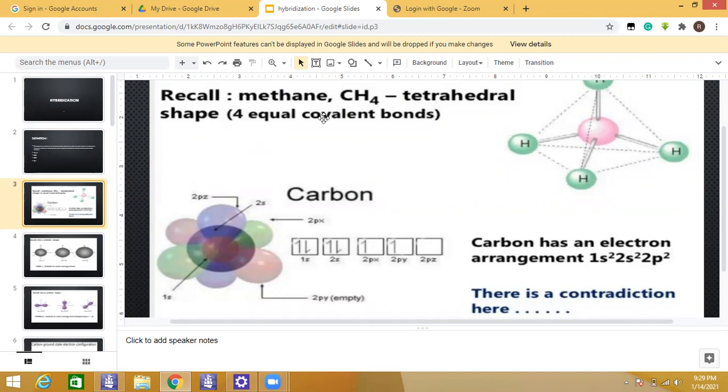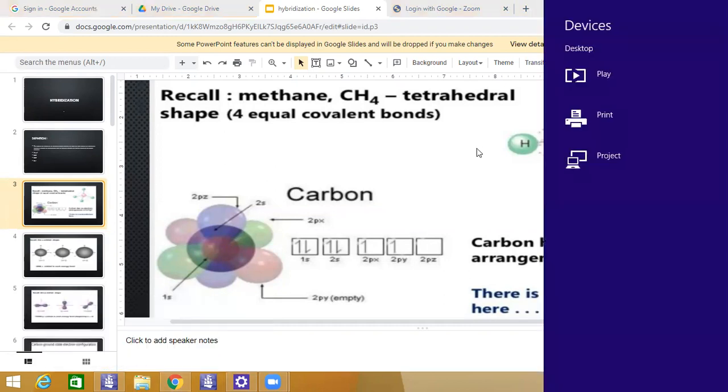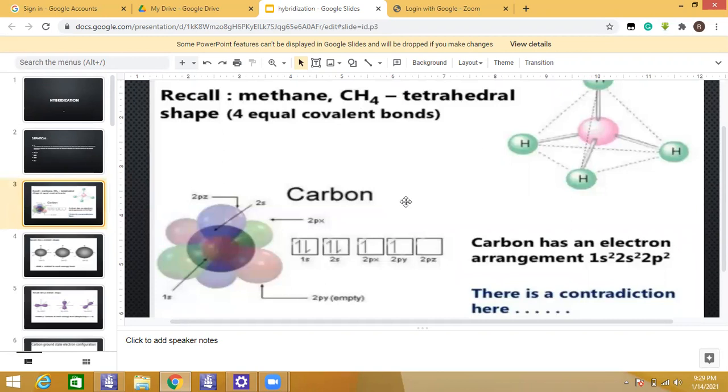Just look at this example of methane, its structure. Methane, whose formula is CH4. In this, carbon has the electronic configuration 1s2, 2s2, 2px1, 2py1. So this is the ground state.